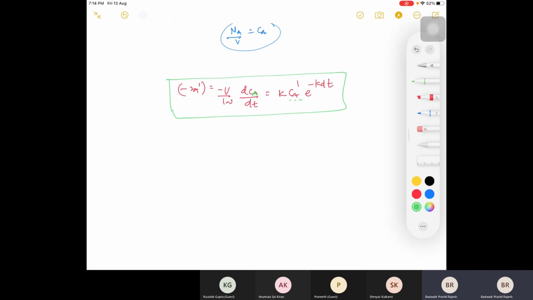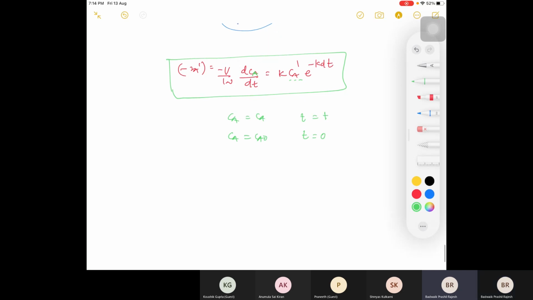So this is the equation. After that, you know what is my range of CA and what is my time. So we can integrate with time t equal to 0 and time t equal to t, CA naught and CA. You just need to integrate this after rearranging.